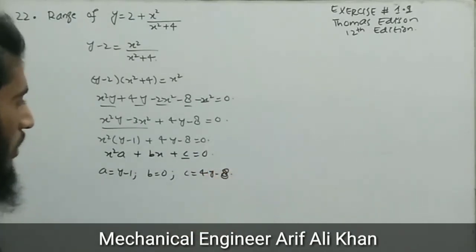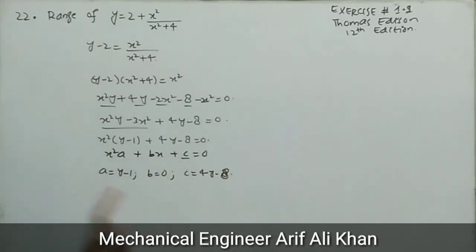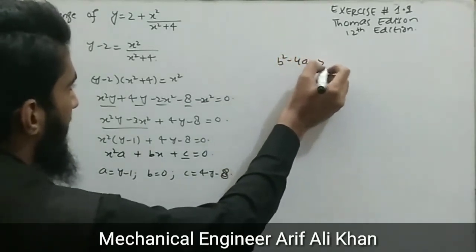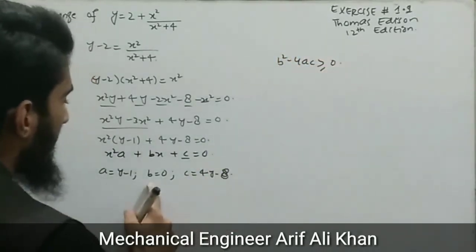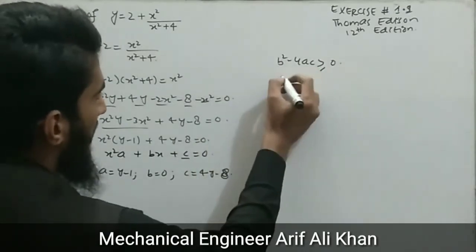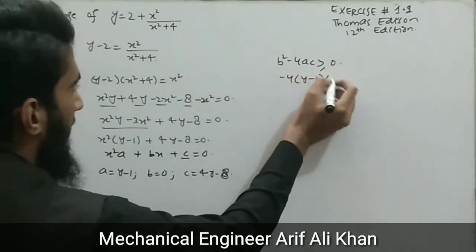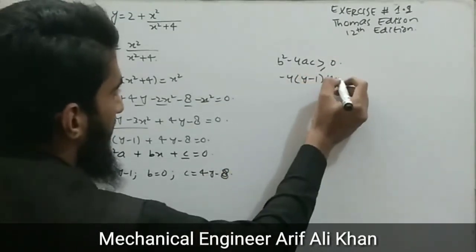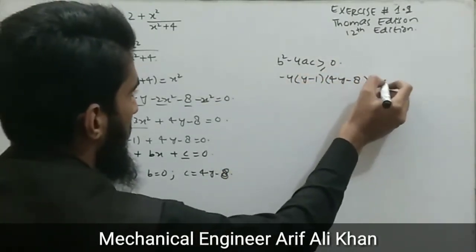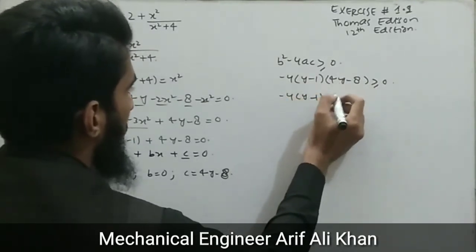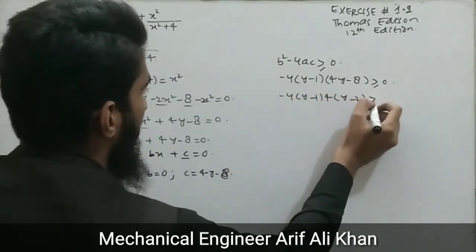Now remember one thing over here: for this function to be defined, the discriminant should be greater than or equal to 0, which is b square minus 4ac greater than or equal to 0. Now our b is 0, so putting 0 gives us 0, and it becomes minus 4 into a. So a is y minus 3, into c. So c is 4y minus 8, greater than or equal to 0. Now from here take 4 common, we are left with y minus 2, greater than or equal to 0.